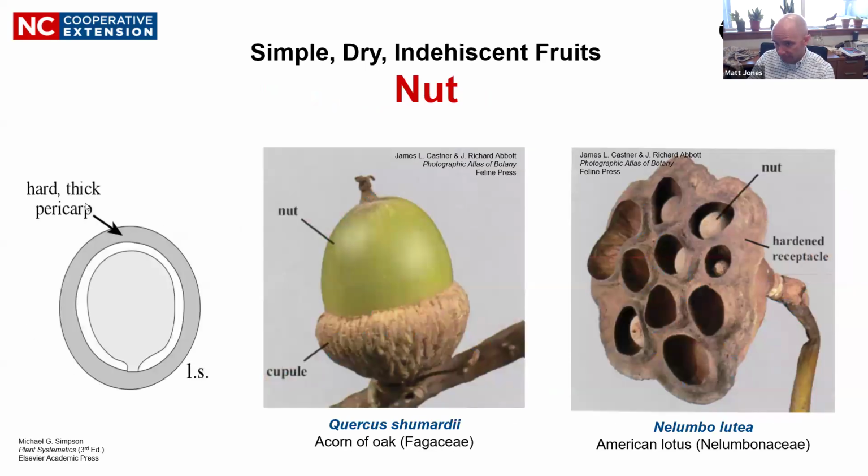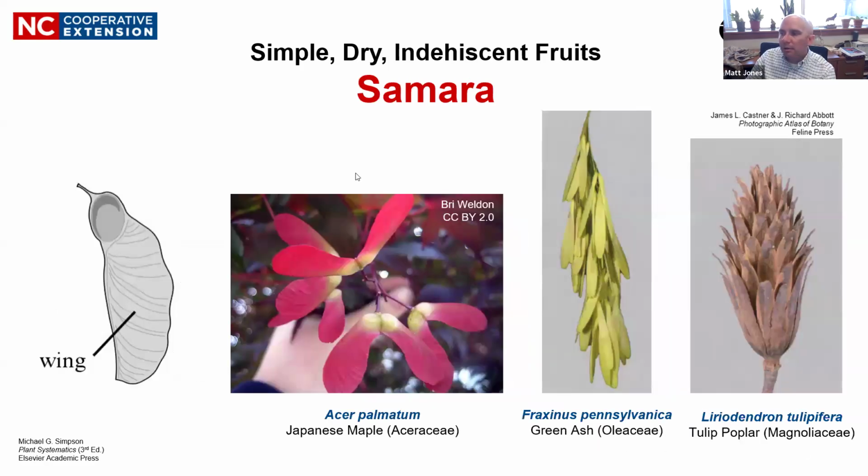Nuts, technically speaking, are kind of like achenes, but they have a very, very thick fruit wall. So acorns are types of nuts. This is American lotus, where the receptacle stays attached and swells and it releases a nut. But inside that thick nut, there is a seed. Samaras are a general term to refer to fruits with wings on them that are dry and indehiscent.